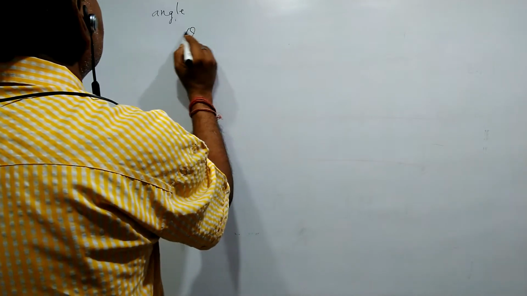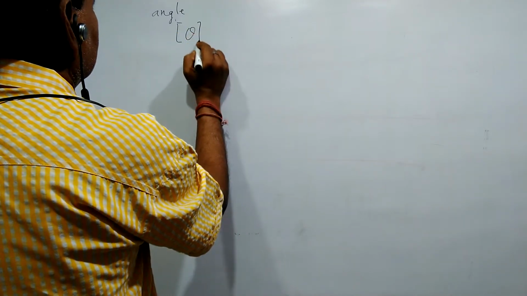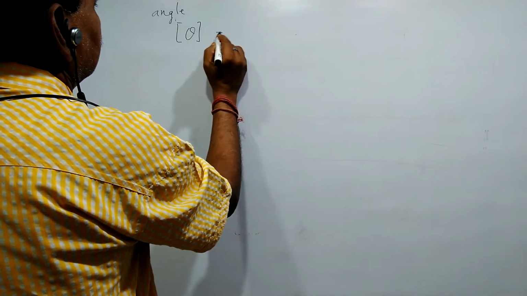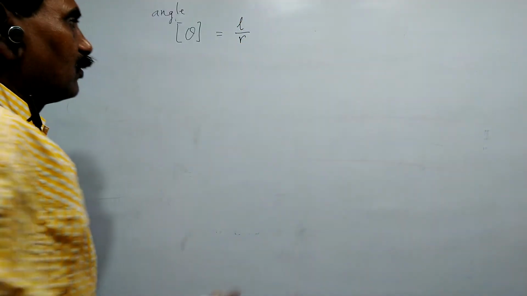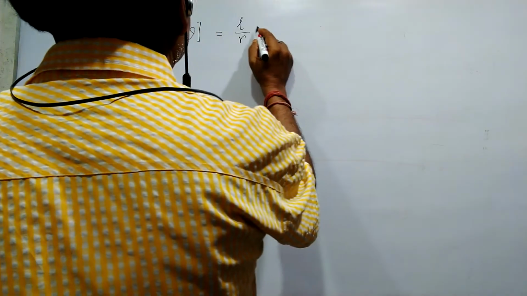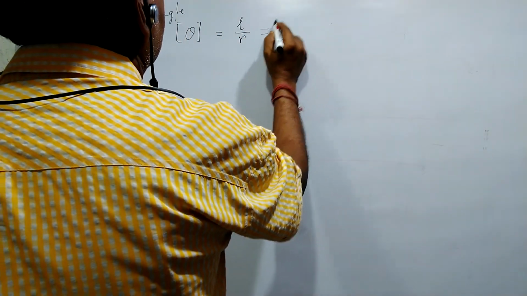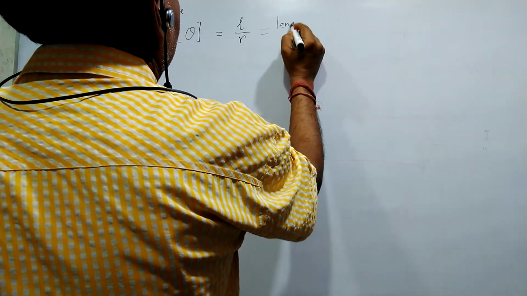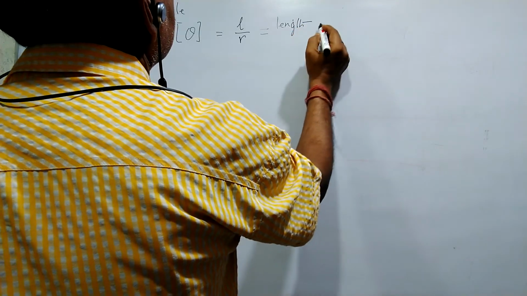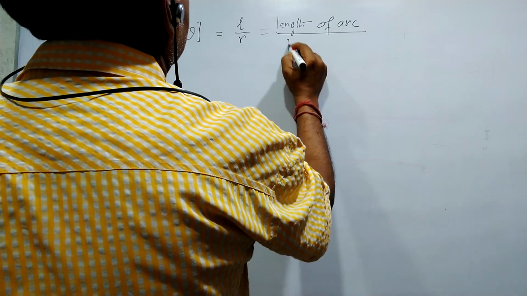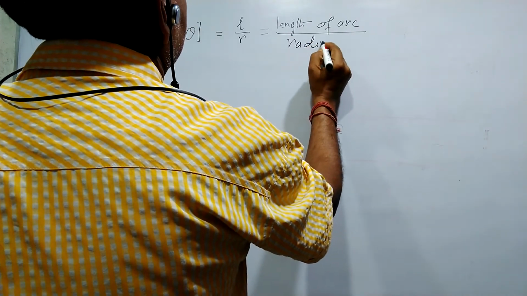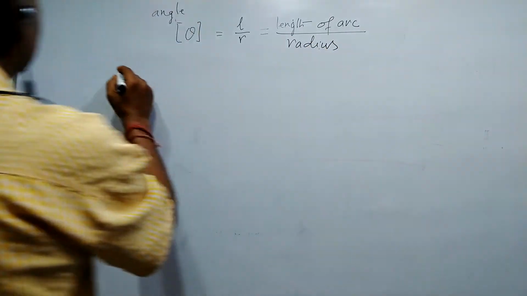Then the dimension of theta is what? How do we define it? Theta equals L by R, the length of the arc and the radius.